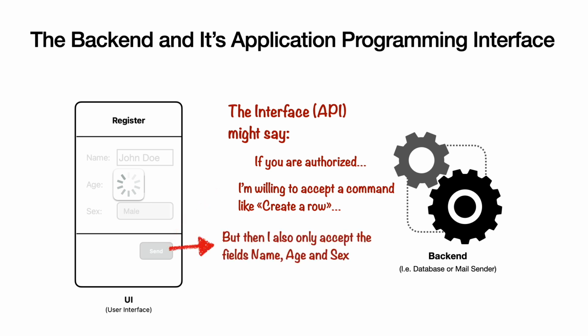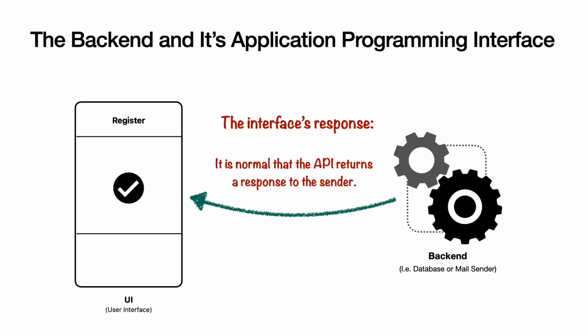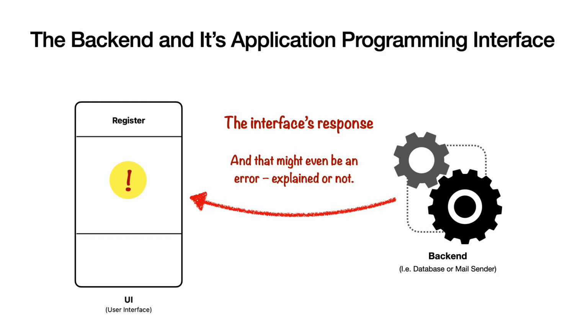But then I also won't accept the field's name, age and sex. And I promise you, I will reject you if you send bad data for those fields. After performing some action on the program's interface, you normally get returned a response, either good or bad.